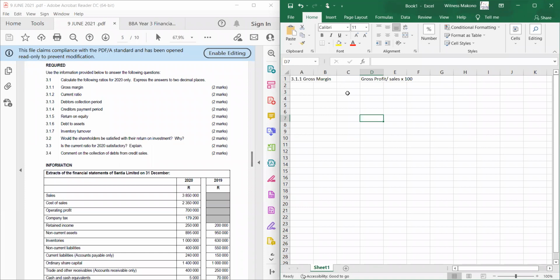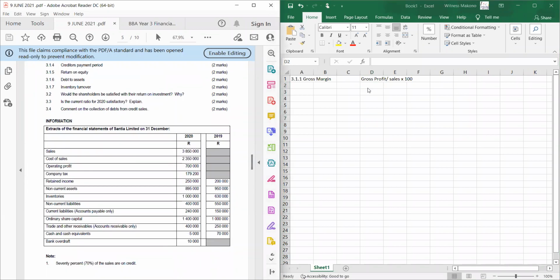Okay, so let's come to this figure, and then look for gross profit. What is the gross profit here? The gross profit you are not given, but can you see that you are given cost of sales? That means you have to know that your gross profit is a derivation of your sales minus cost of sales.